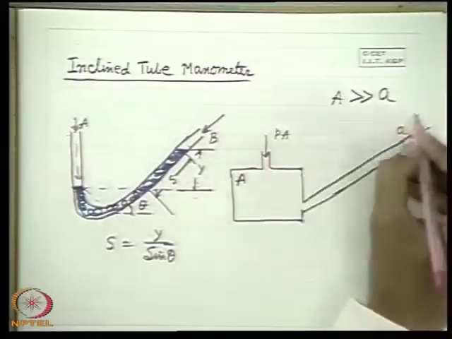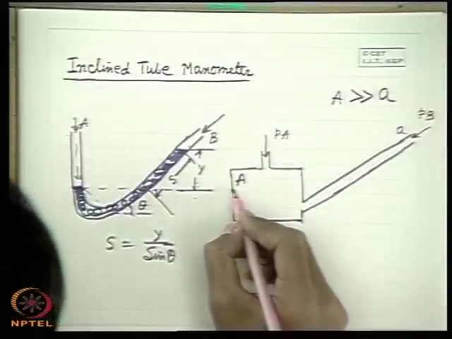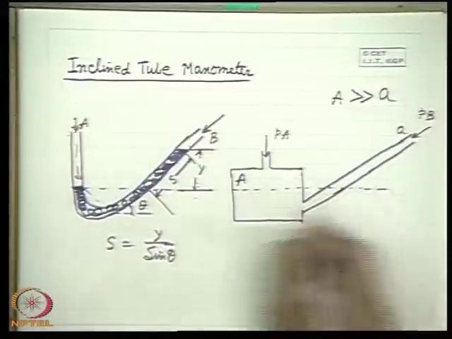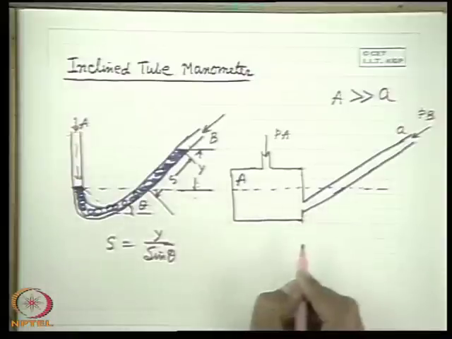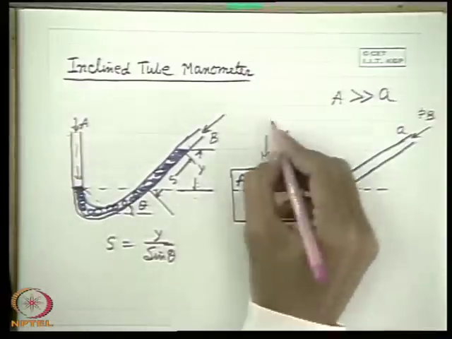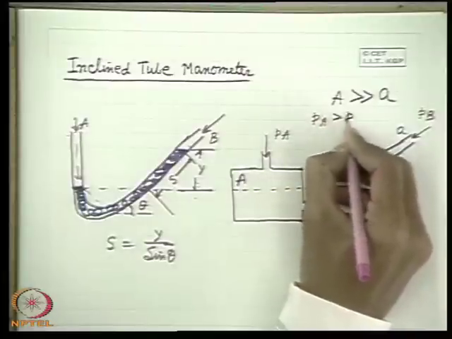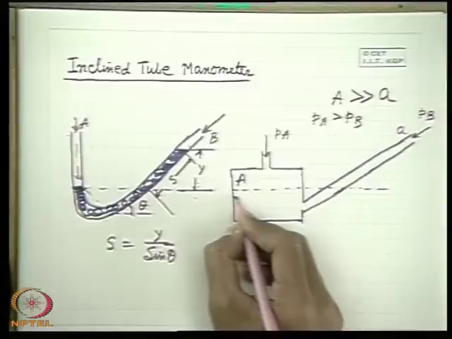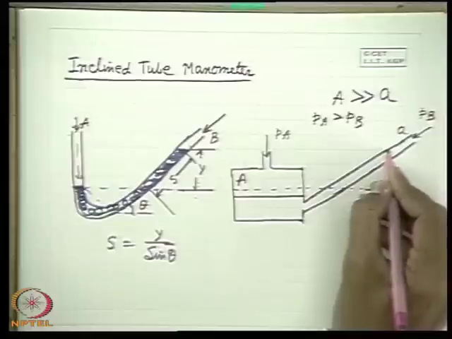This is connected to one system, this to another system, Pa, Pb. Before the connection, let the level of the liquid be like this, the original level of the manometric liquid. Now after the connection, where Pa is greater than Pb, the manometric liquid will be depressed here and will rise here like this.